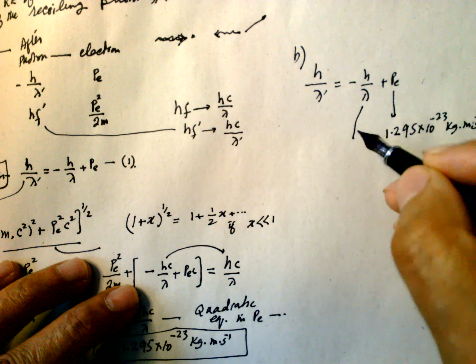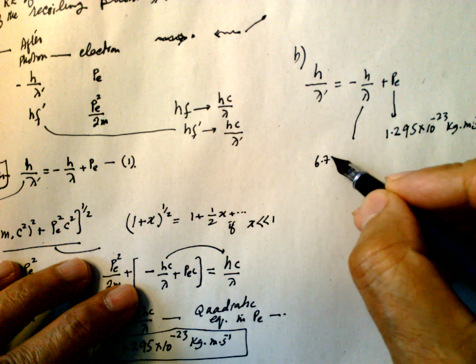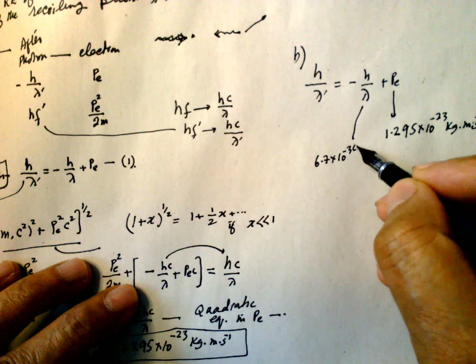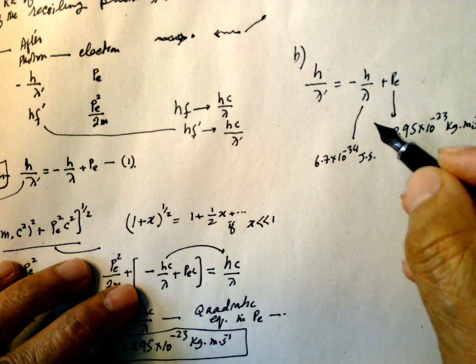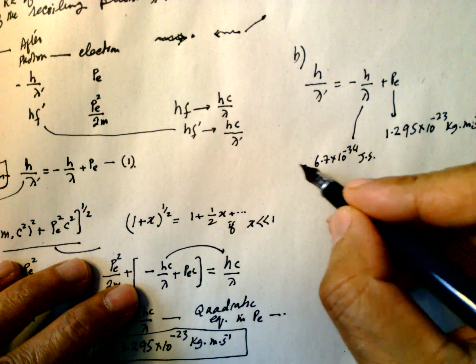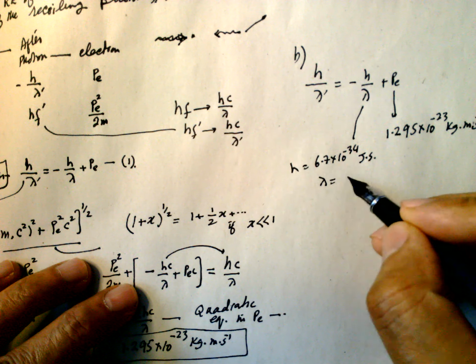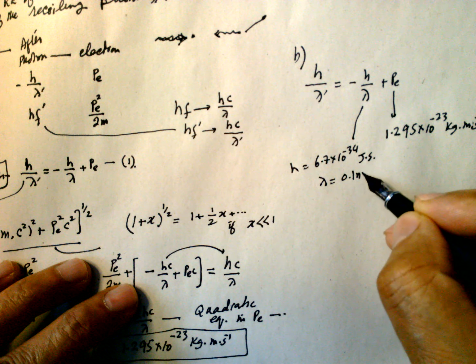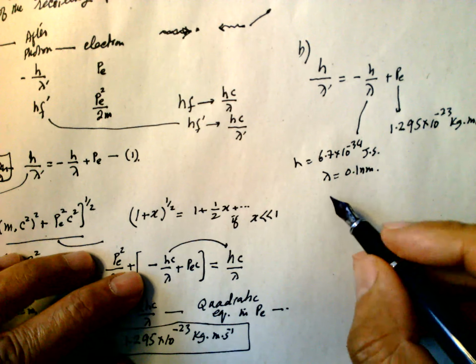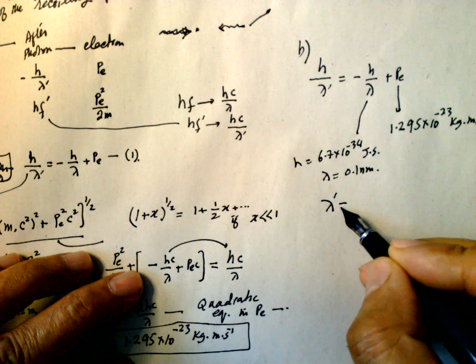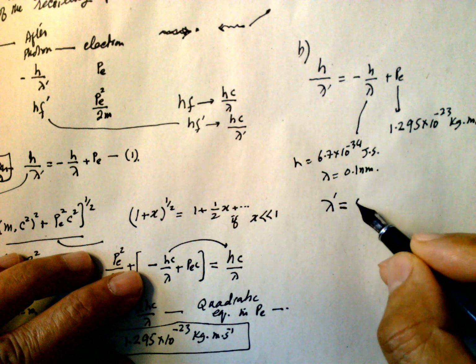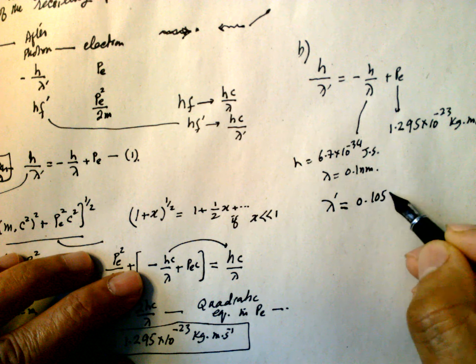H is 6.7 times 10 to the power minus 34 joule second, and lambda is equal to 0.1 nanometer. From this we can find the value of the wavelength, which is equal to 0.105 nanometer.